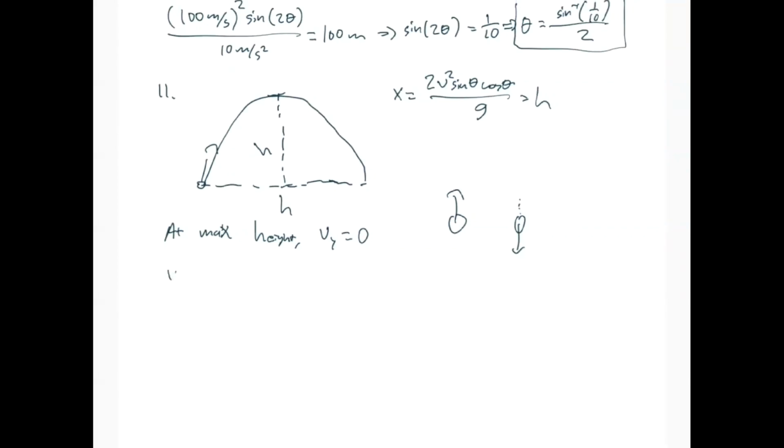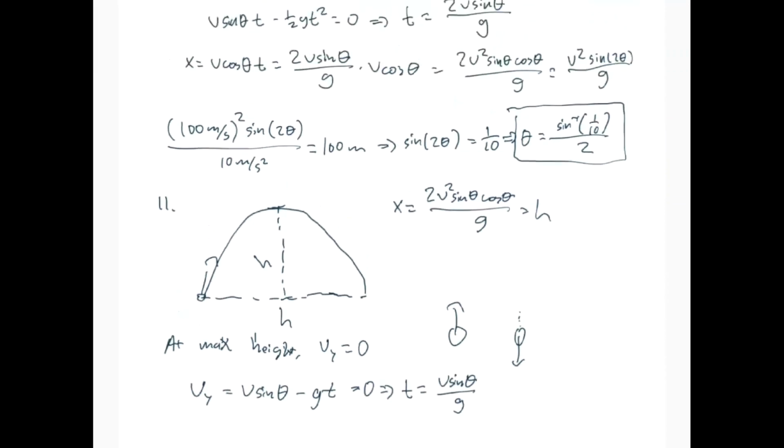Well, its initial y velocity here is v sine theta, and it's accelerating downwards at a constant rate of g. So its y velocity is v sine theta minus gt. And if this is equal to 0, that means that t must be equal to v sine theta over g. So now we can bring our equation down here.